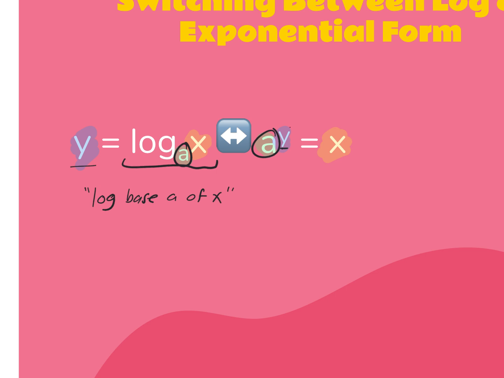Y is going to be your exponent, so the answer to a log equation is going to be an exponent. And the answer to an exponential equation is going to get you the inside of a log equation. So they go hand in hand. I'll show you in the next slide how you can relate the two.